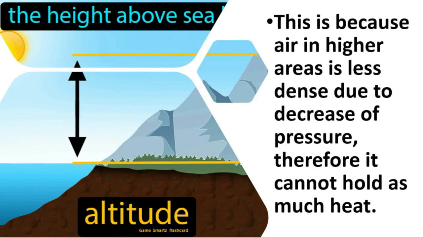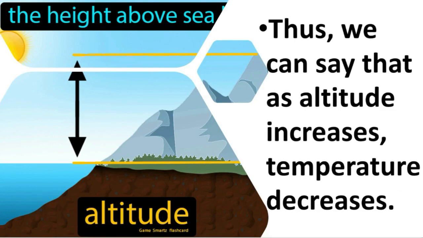This is because air in higher areas is less dense due to decrease of pressure. Therefore, it cannot hold as much heat. Thus, we can say that as altitude increases, temperature decreases.